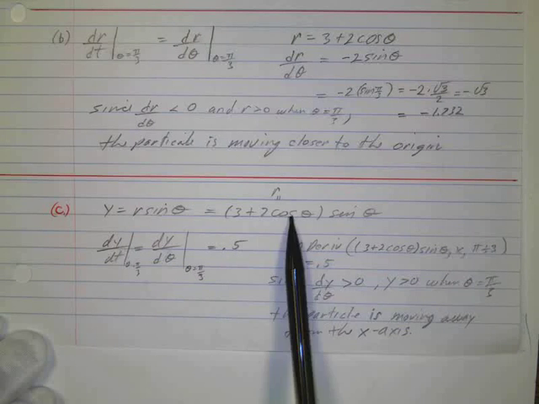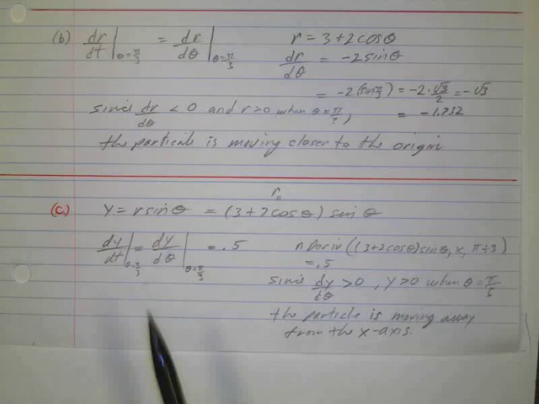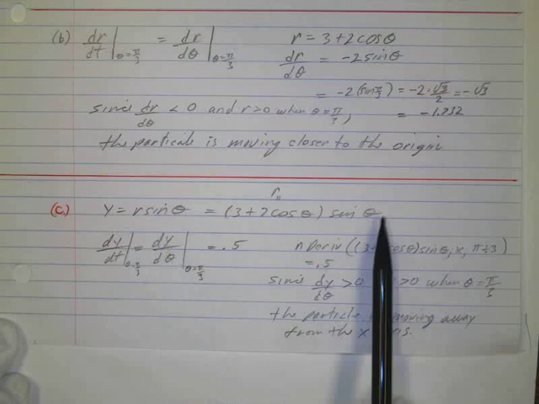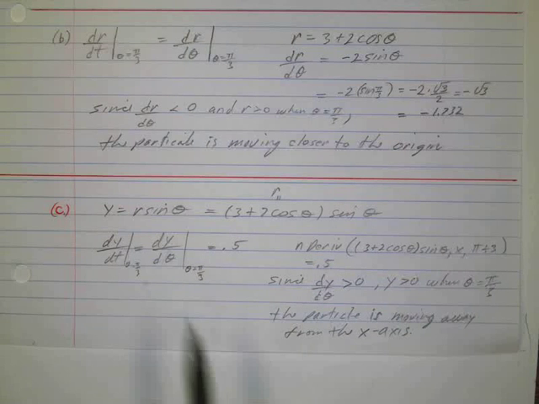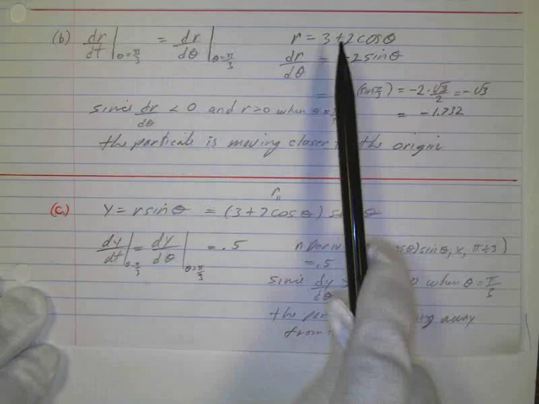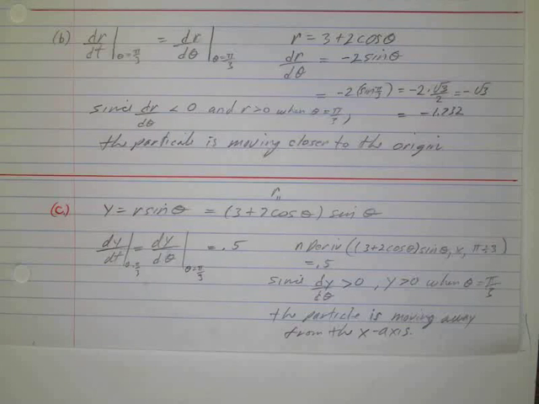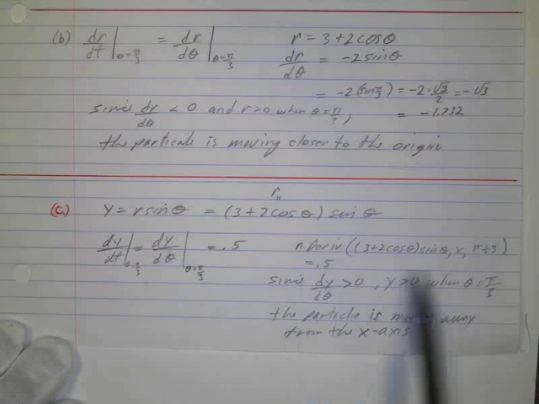First of all, y equals r sine of theta, so this is r, this is sine of theta, so that's my y. Here we were finding dr/d theta, which equals dr/dt. Here we're going to find dy/d theta, which equals dy/dt.